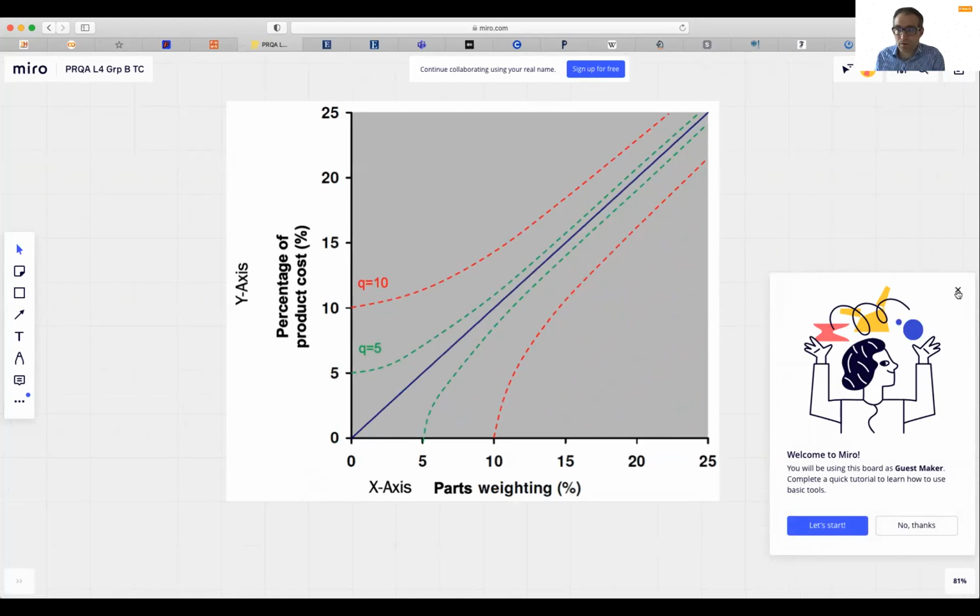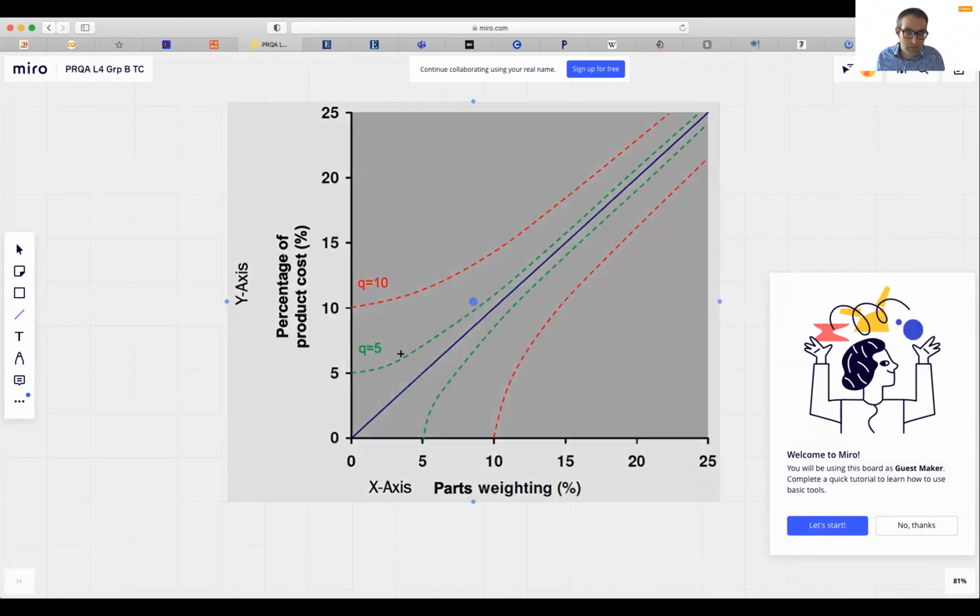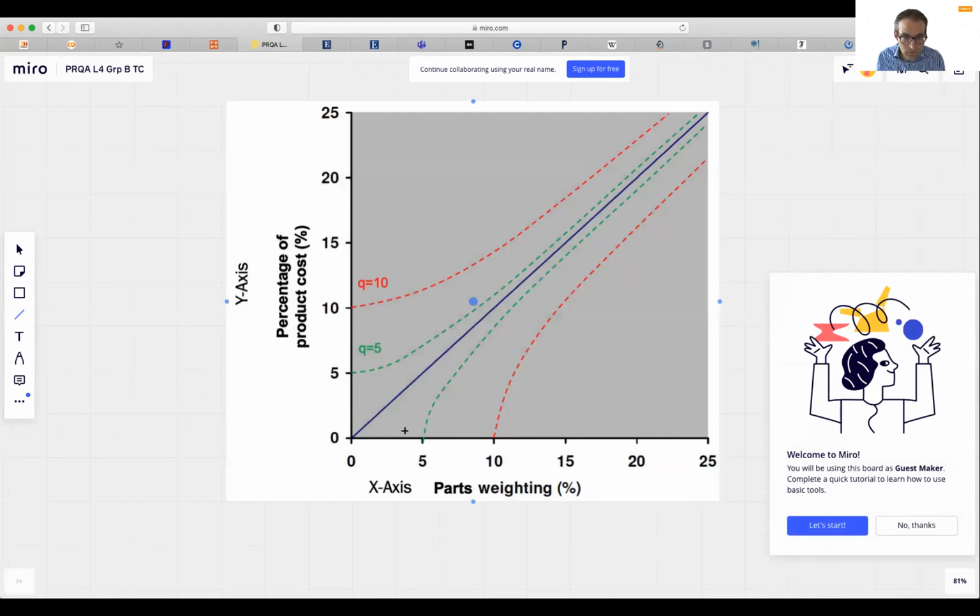And what you can do then is take the table with the target cost information, like we had done before for the small parts. And then you can just take a line, and add a text field, small parts.